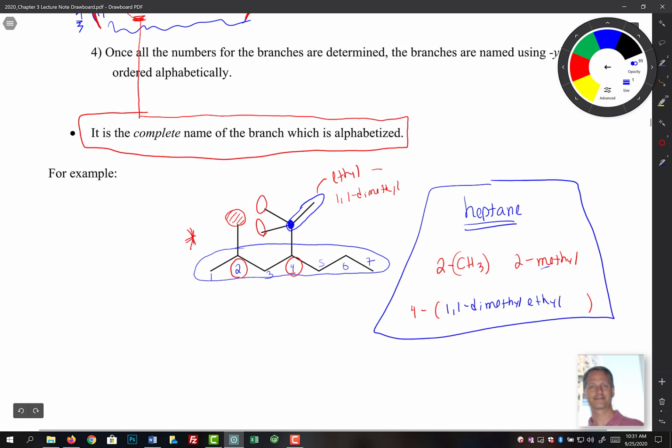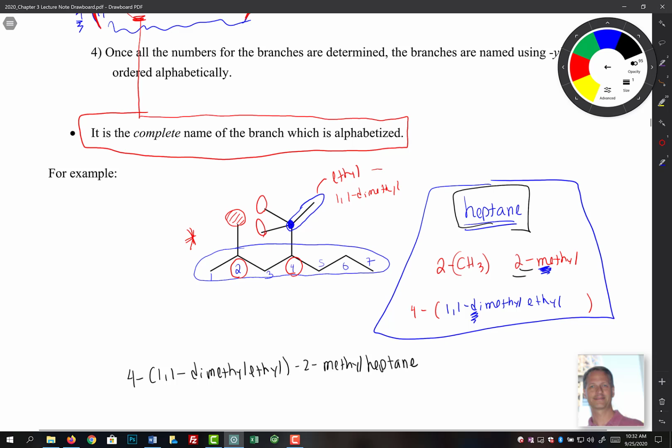Here's methyl, M, and next we compare that to D. D comes before M. So the full name of this is going to be 4-(1,1-dimethylethyl), and then what do we have at number 2? We have methyl, and then we have the parent, which is heptane. And there we have it. It's kind of a lot of things to remember, but it becomes second nature as you practice this.